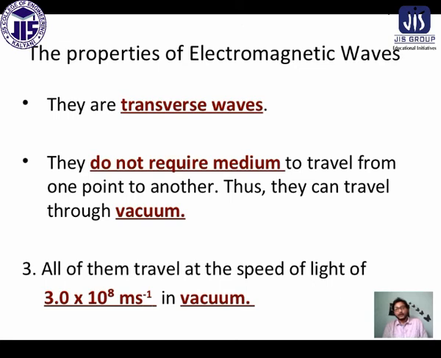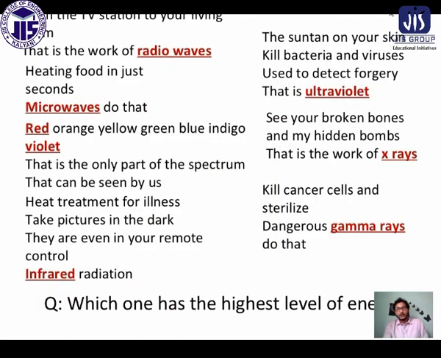Light has the topmost speed in our world, and nothing is greater than this speed. Can you imagine this speed, 3 into 10 to the power 8 meter per second, in the vacuum. Okay.